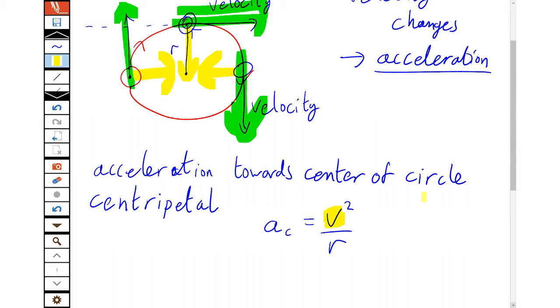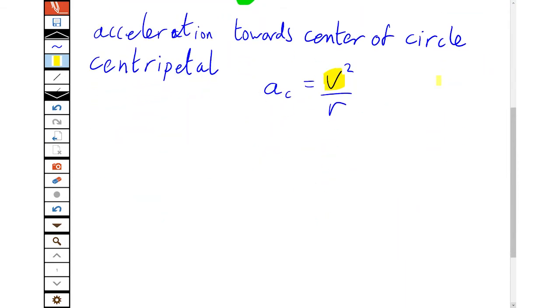So you're always going to have this acceleration towards the center of the circle if you're going around in a circle. That's not the only acceleration you can have. That's acceleration because we're changing direction. But what if we're speeding up as well? What if we're going around in our circle and we're getting faster?